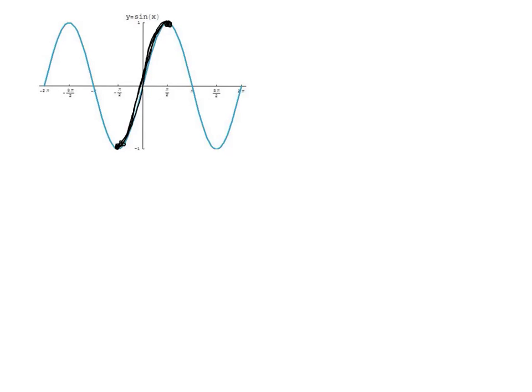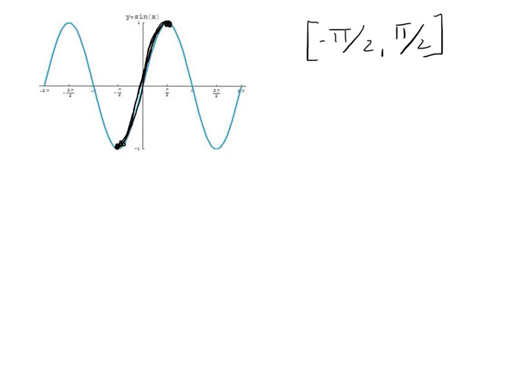So if we're just looking at this piece here, we can draw horizontal lines and only pass through once. So if we restrict the domain of sine to be negative pi over 2 to pi over 2, we can find an inverse. So what would that inverse look like?